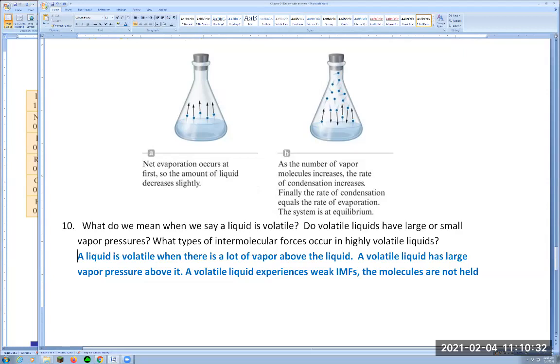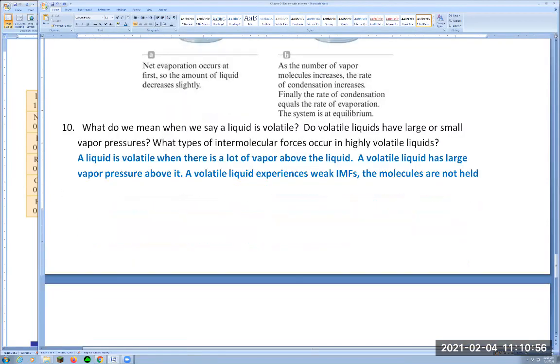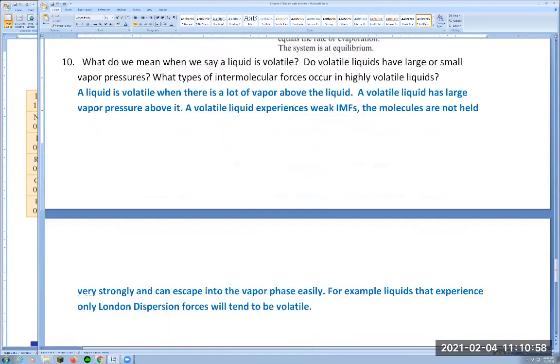And a volatile liquid will be volatile because it experiences weak intermolecular attractive forces. You need a liquid that has weak intermolecular attractive forces, so you will have enough molecules that have enough energy to go from the liquid phase into the gas phase, and that's why you will have all this vapor above the liquid, because the molecules are not held very strongly in the liquid, so they can escape into the vapor phase easily.